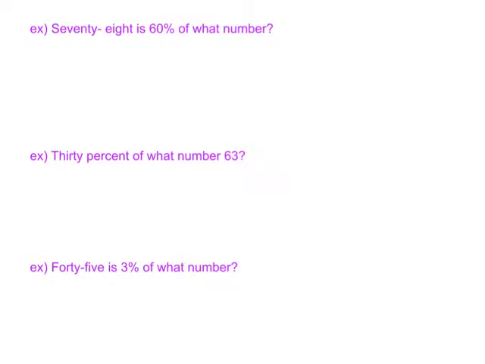For our final examples, we are still going to use our percent proportions, but we have to figure out what I'm solving for. So 78 is 60% of what number? Here 78 is, so I'm just going to follow my mathematical sentence. 78 is 60% of what number? And I don't know what that number is.